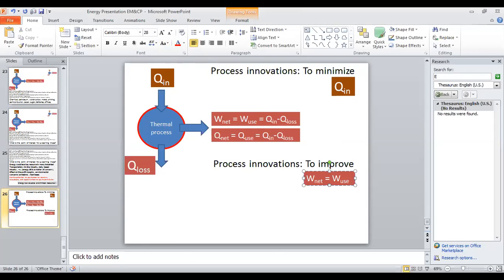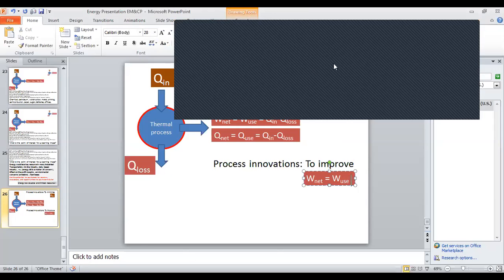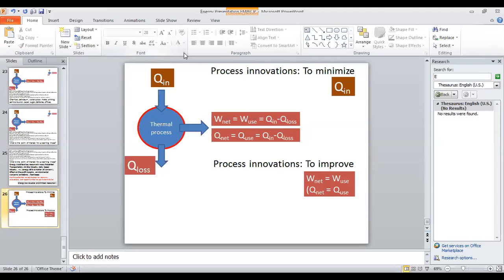Or else, Q net or Q use, you can improve. That is very important.